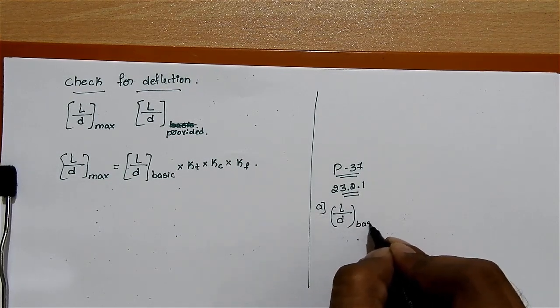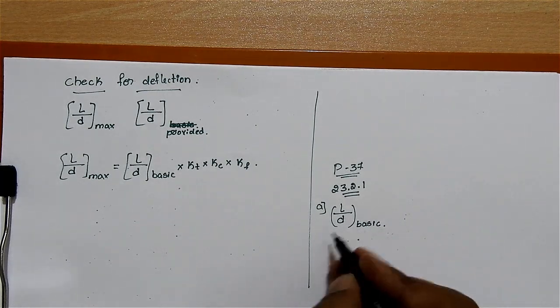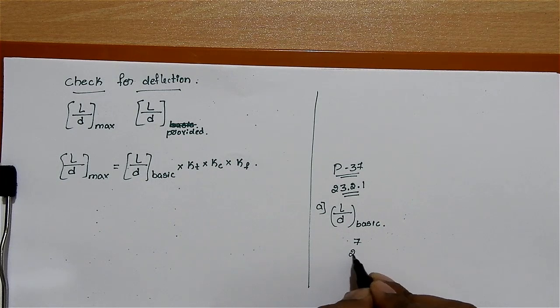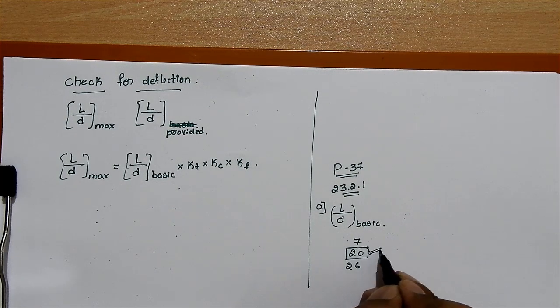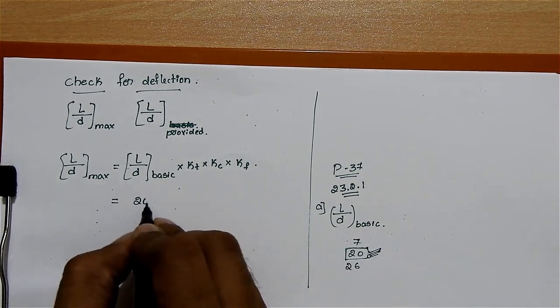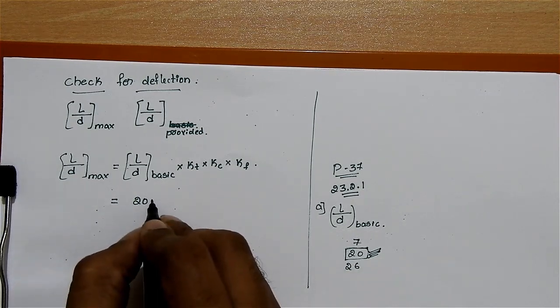Here it is given as 7 for cantilever, 20 for simply supported, and 26 for continuous. Our problem is simply supported, therefore we consider 20 for L by D basic. Substitute here L by D as 20 because simply supported, into KT.